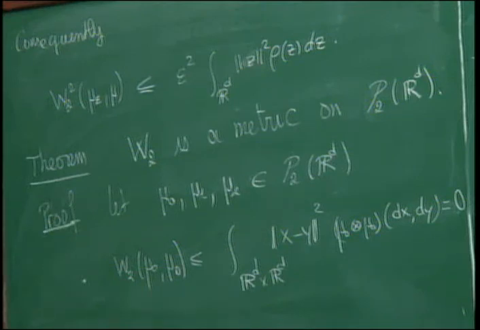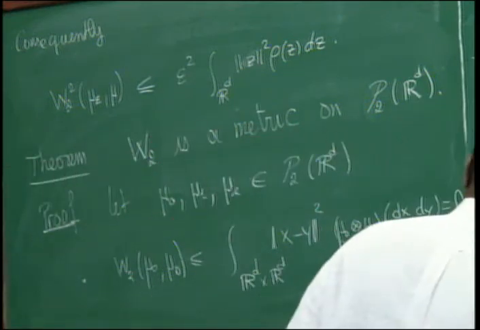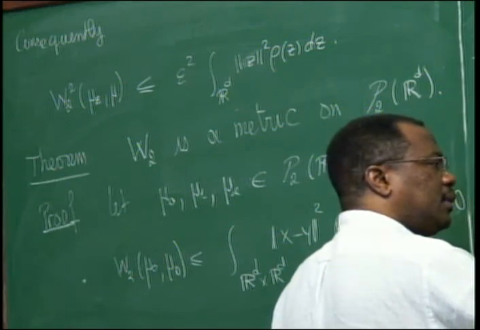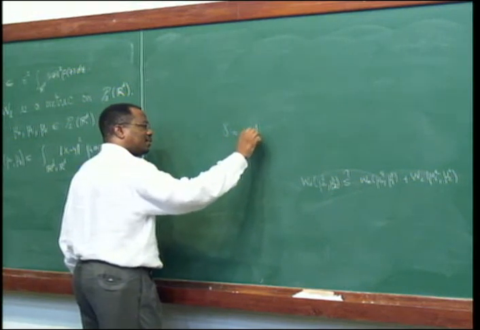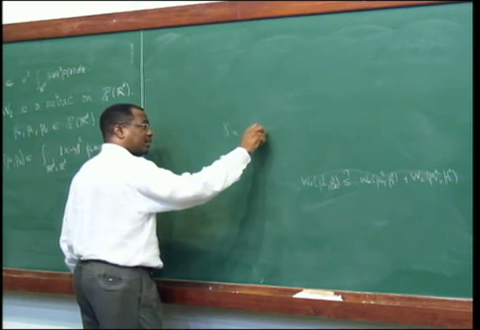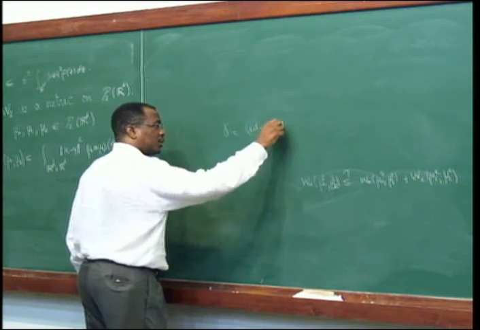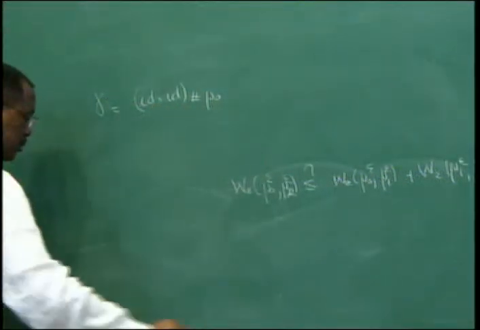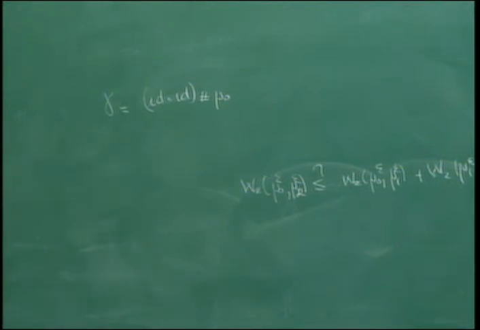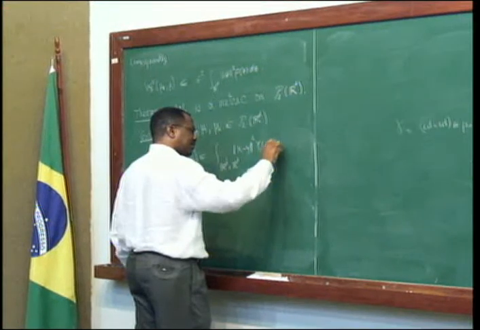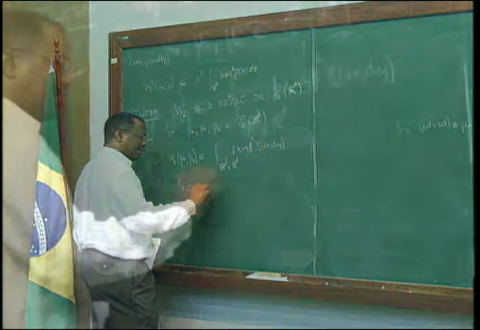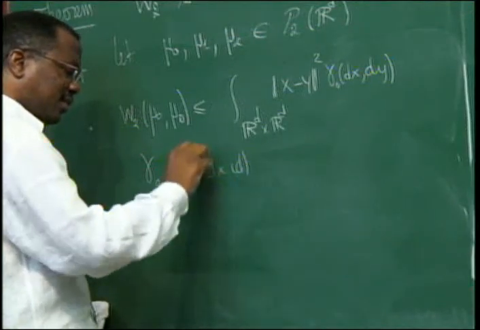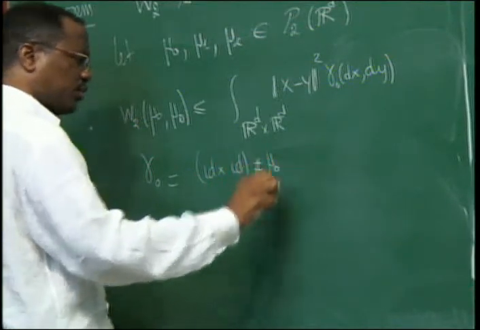Okay, so there is this factor 2x scalar y. Yes, so let me take a gamma equal to identity cross identity, push forward mu naught. Gamma naught dx dy, where gamma naught is identity cross identity, push forward mu naught.